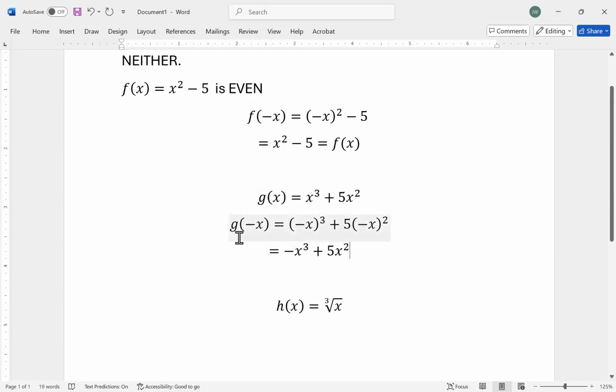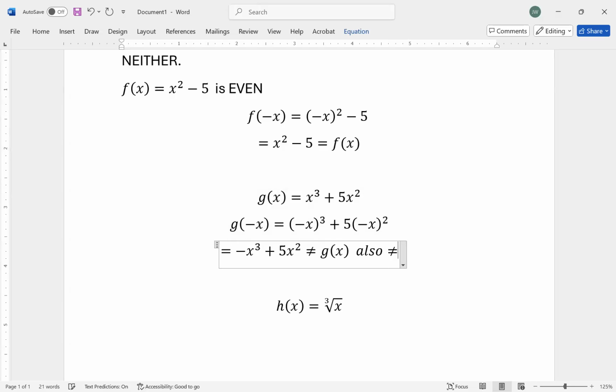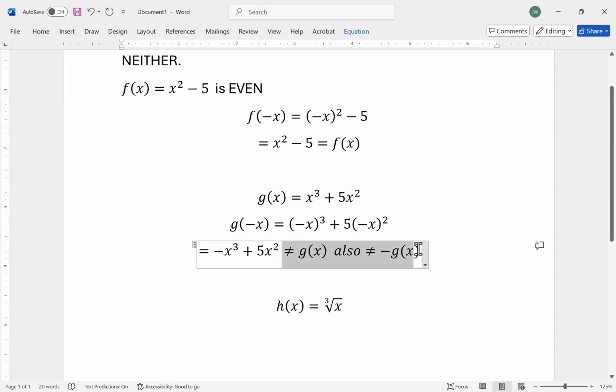Therefore, when I plugged in negative x, that was not equal to g of x. And also, that was not equal to negative g of x, because if I did negative g of x, then the negative would have to distribute into both terms. I usually don't write that part down.